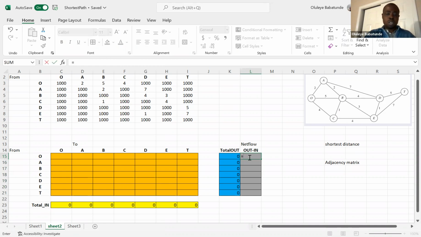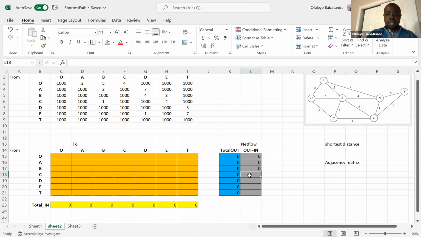So equals first blue cell minus first orange cell. Equals second blue cell minus second orange cell. We'll do the same thing for the third one, equals third blue cell minus third orange cell.